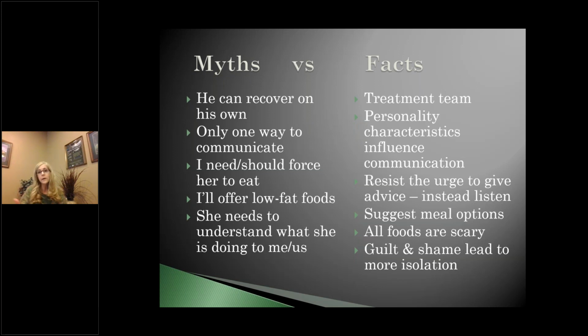So on this slide, I want to talk a little bit more about the myths and facts. Of course, we know factually we need to have a treatment team. We know personality characteristics are going to influence communication and influence the capacity for someone to have an eating disorder. Some folks really struggle with perfectionism, and they have to be the best at everything they do.